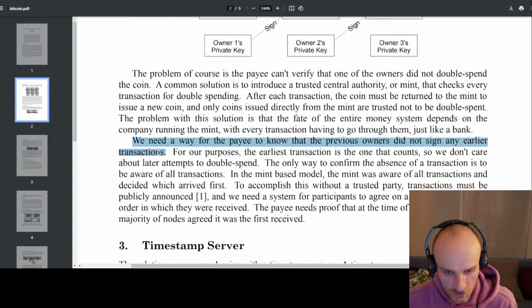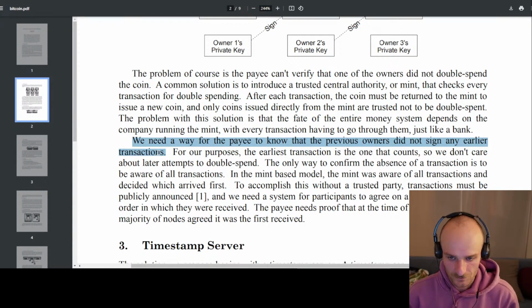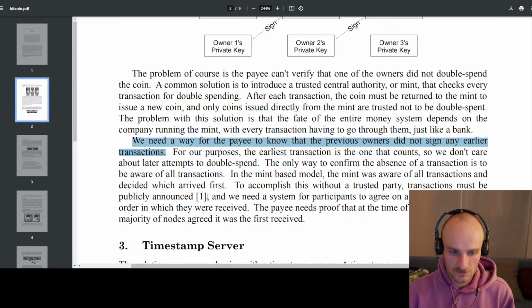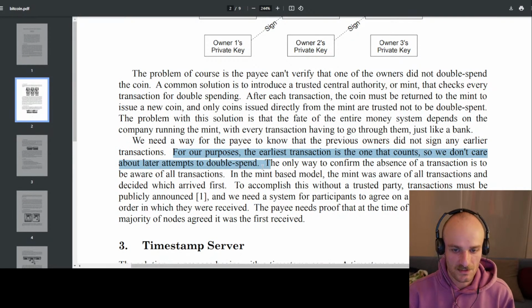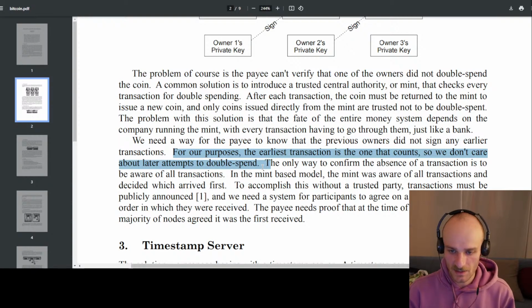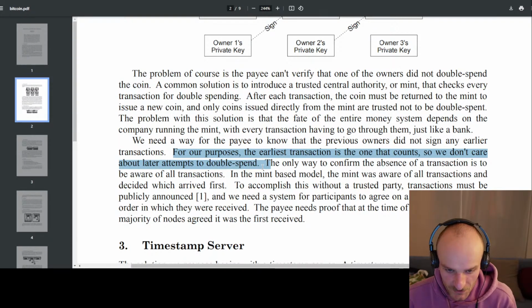For our purposes, the earliest transaction is the one that counts. So we don't care about later attempts to double spend. So this network is not saying that you cannot double spend a transaction. It's just saying that only the first one will be registered.